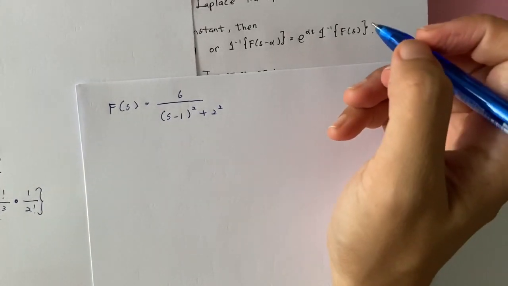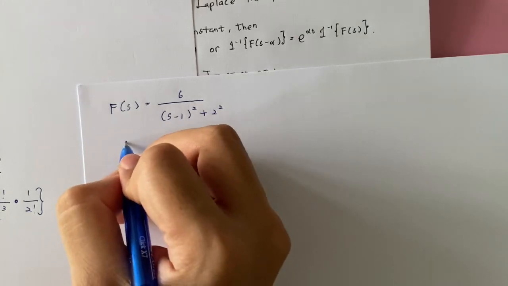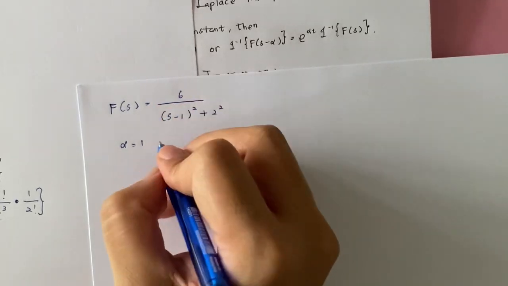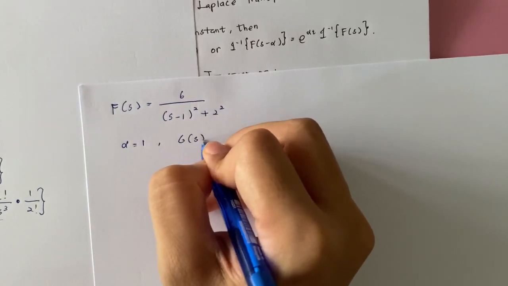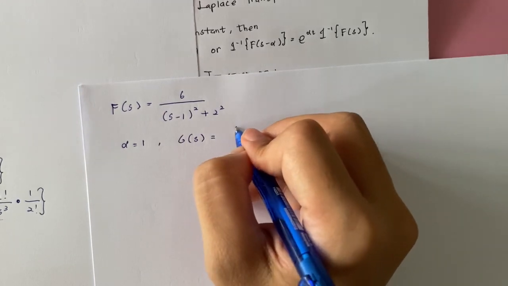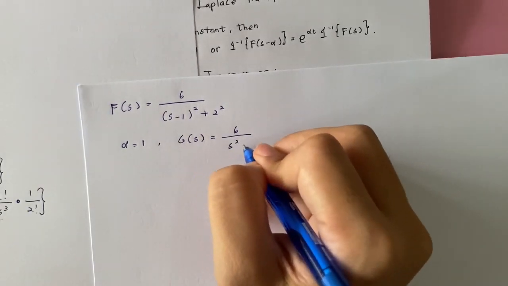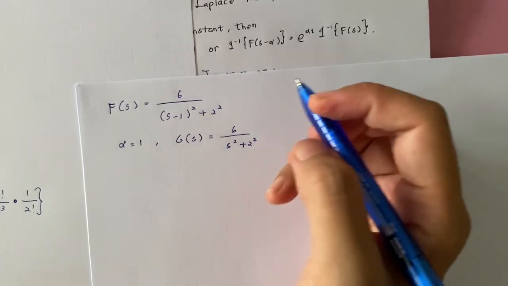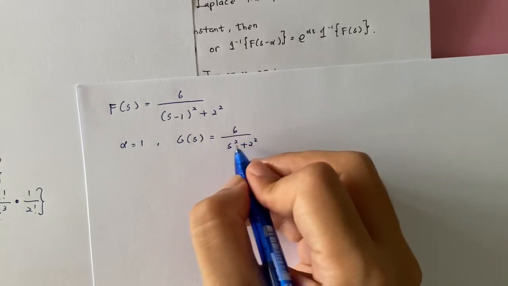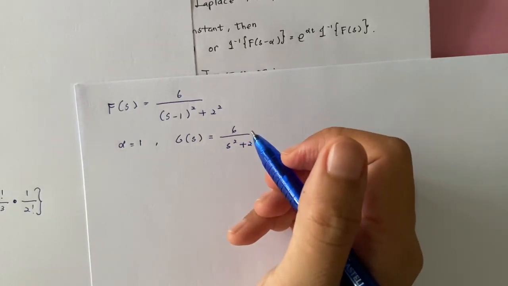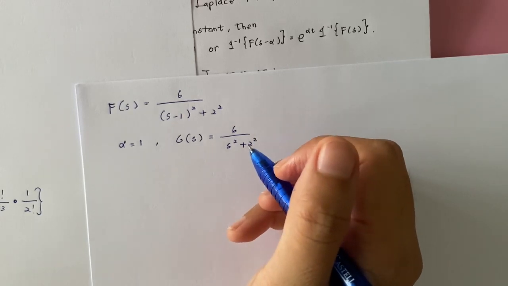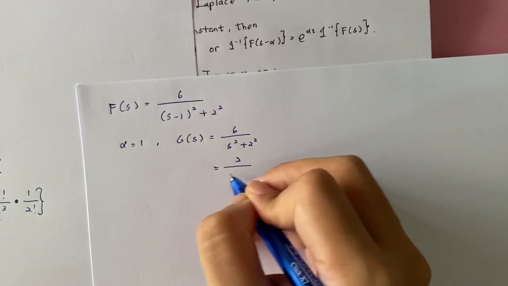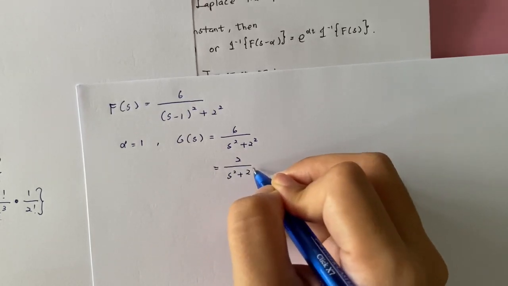Okay. So what is your alpha? Alpha is equal to 1. Okay, so your G(s) is equal to 6 over s square plus 2 square. Modify your G(s), because for this one to be sine 2t, you need to have 2 over s square plus 2 square.